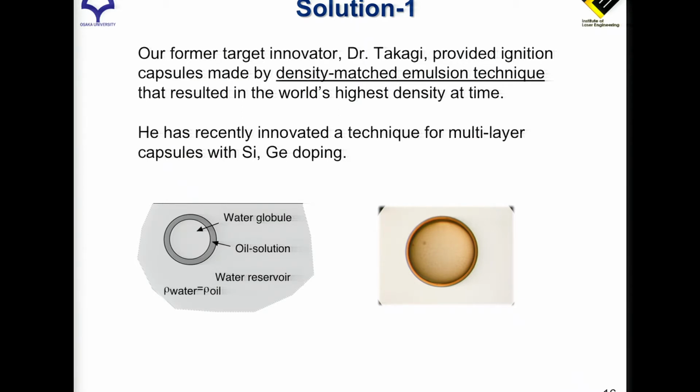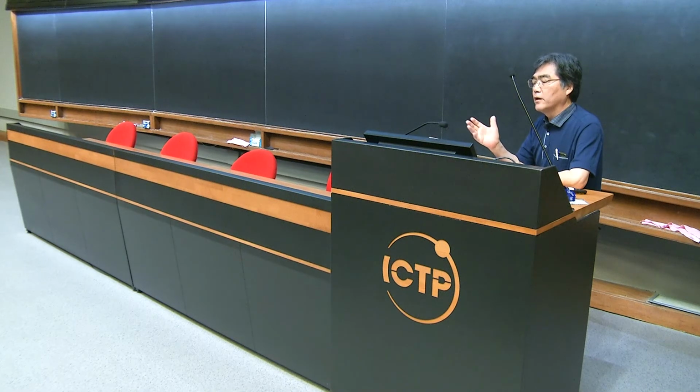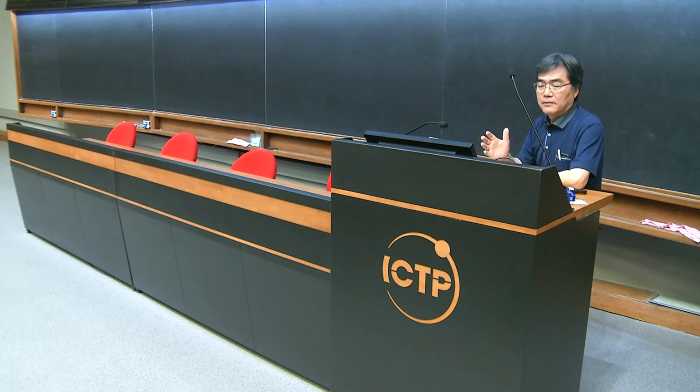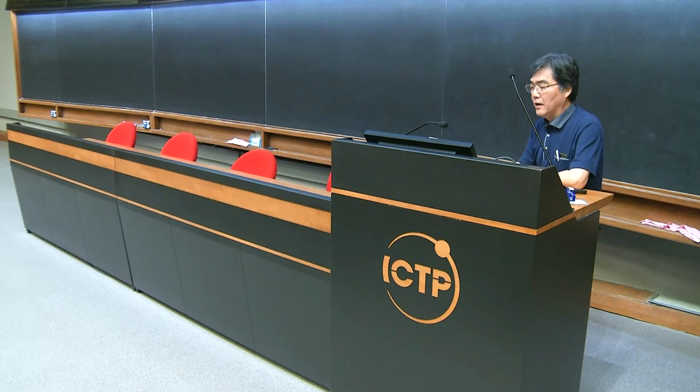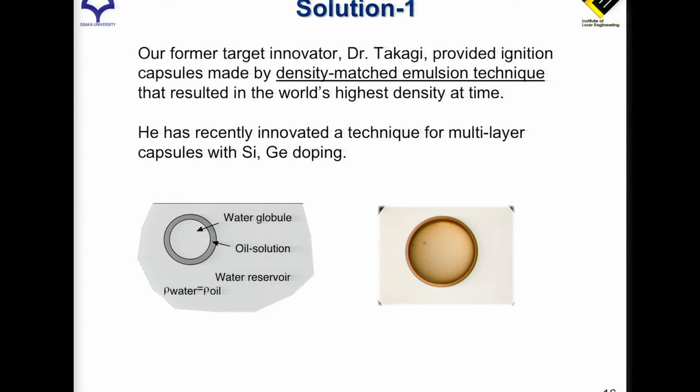His point: before Takagi, this technique generated very non-uniform plastic shells because the density of the oil phase and water phase is in general different. However, he found that if these two densities are completely matched, then the sphericity is improved dramatically, and it was.